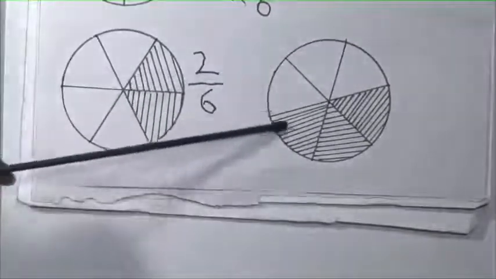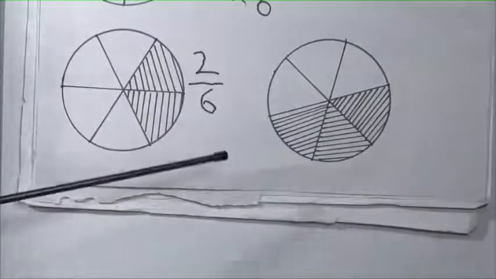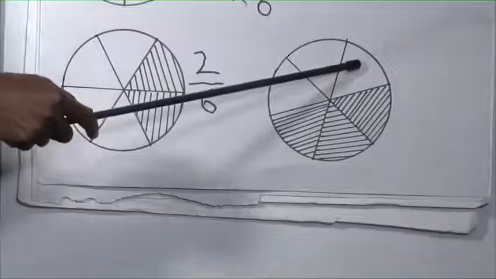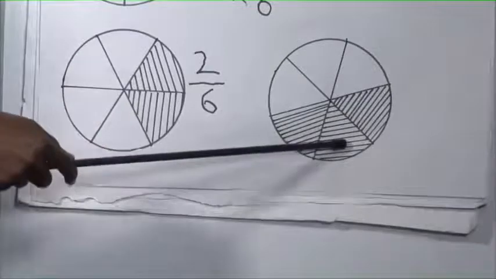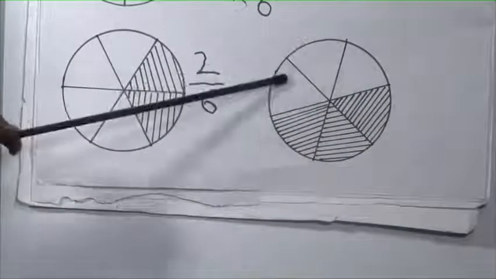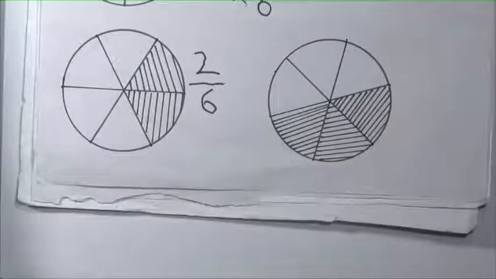Another circle. How many equal parts in it do we have? 1, 2, 3, 4, 5, and 6. How many parts inside have been shaded?